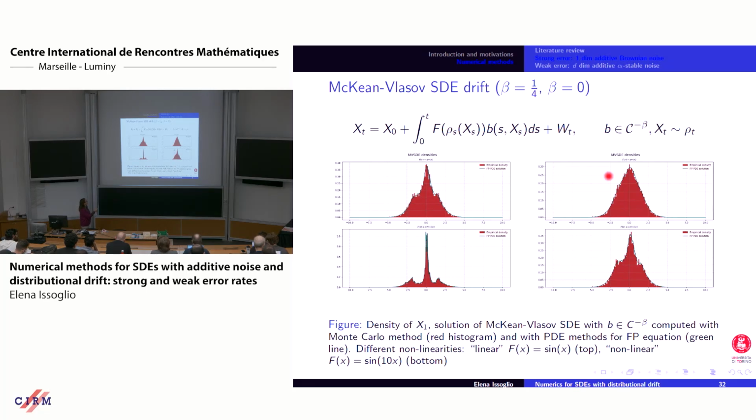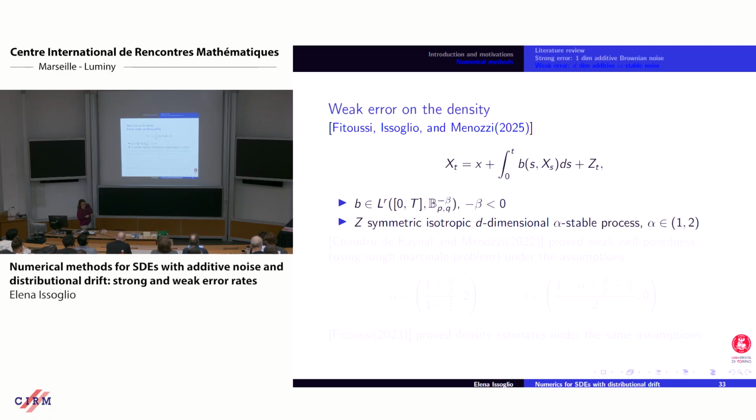So this side is a bounded measurable function. Here we are in the realms of distribution. And again, it fits. Also in this picture, there is the green line, which is the one that we get from the Fokker-Planck solver, and the red lines, which are the histograms from the numerical scheme, and they fit quite well.